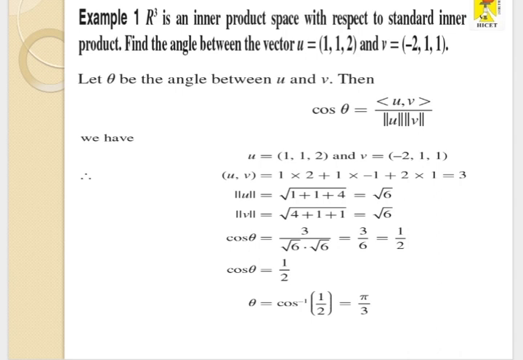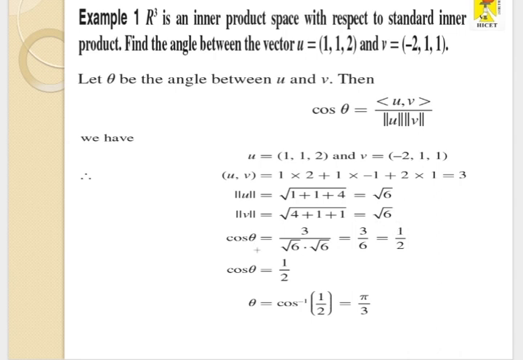And norm u equal to root of 1 square plus 1 square plus 2 square. It will be root 6. And norm v equal to root of minus 2 square plus 1 square plus 1 square, which will give root 6.